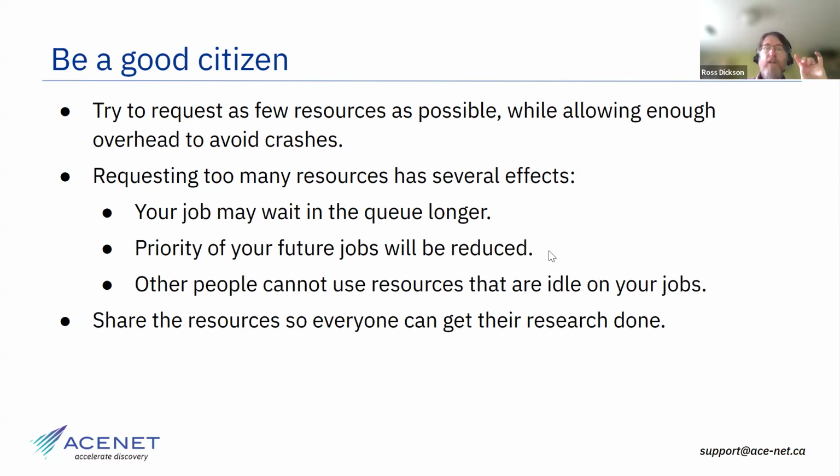Moreover, due to another aspect of the priority system that I also don't have time to talk about today, the more resources your job uses, the more jobs you run, and the larger they are, the lower is the priority of the next job that you submit. Basically, each research group has a pool of priority, if you like, and that pool is drained by the number and size of jobs, basically the amount of resources that you're using over time.